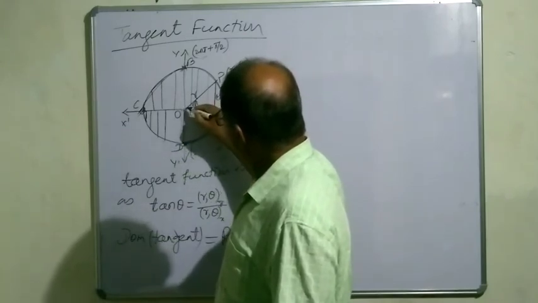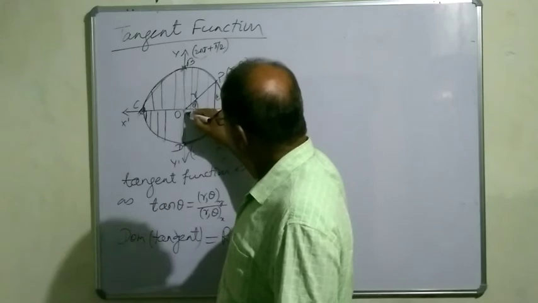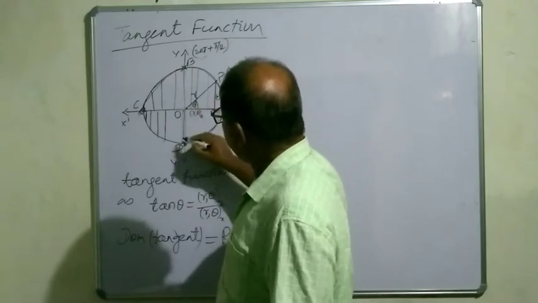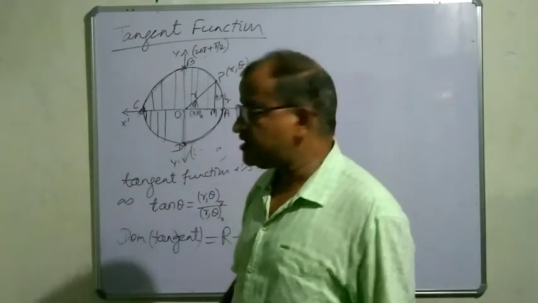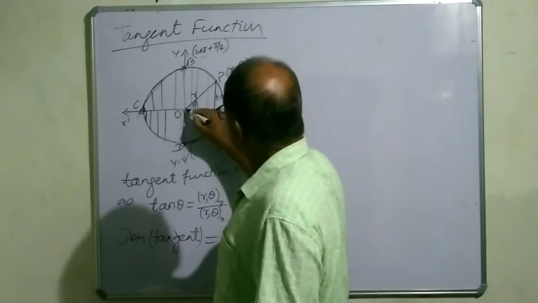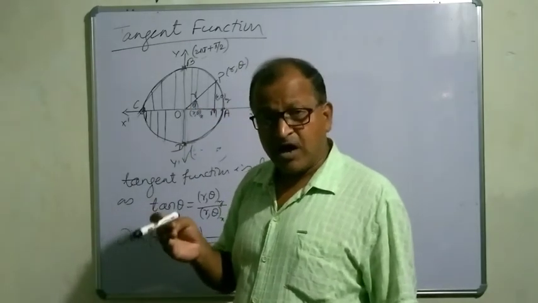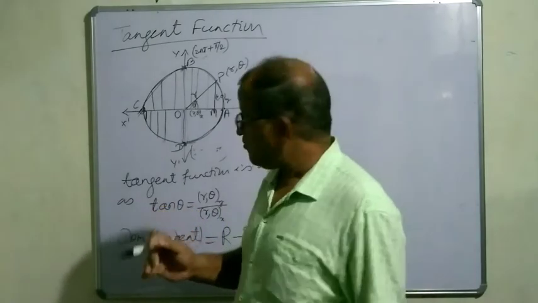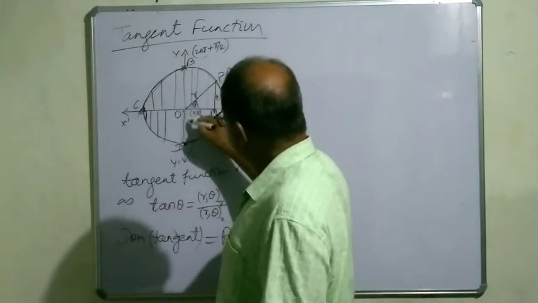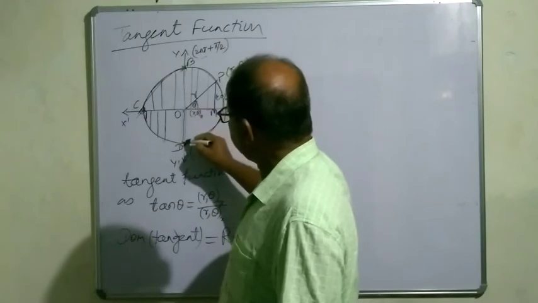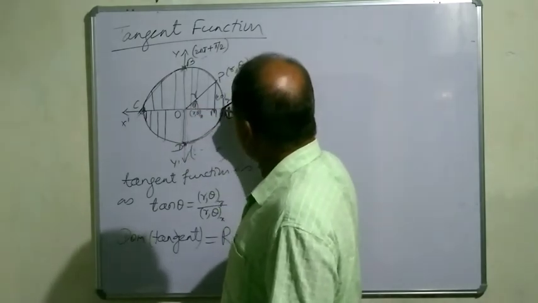After that, it will be highly negative. How? r theta x is positive, whereas r theta y is near to minus r. So the ratio will be a negative quantity, that means minus infinity to 0.